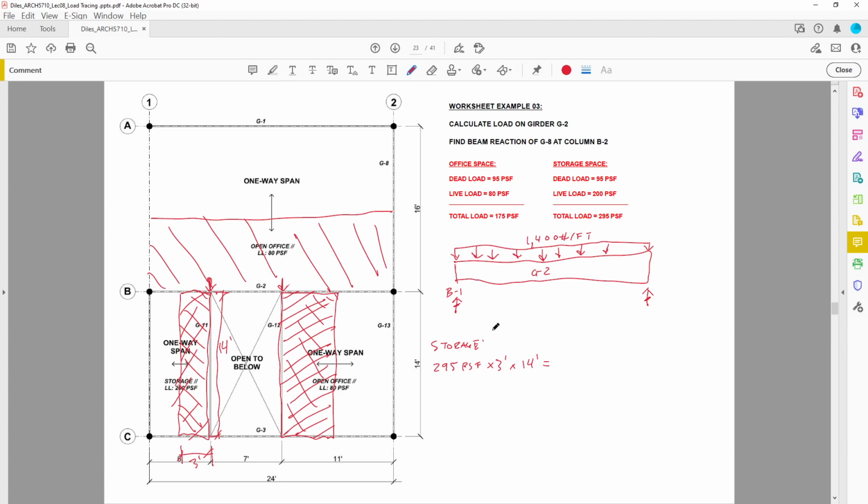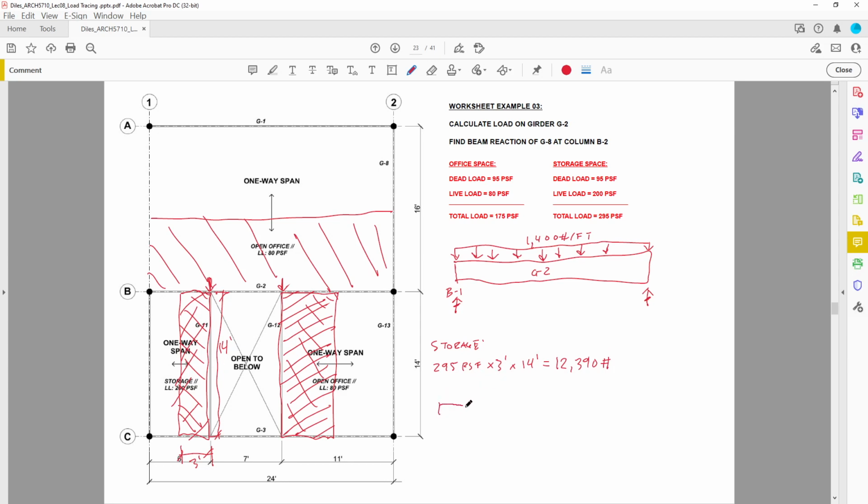So it's 295 times 3 feet times 14 feet. That's going to give us a total load on G11 of 12,390 pounds. Now this total load is like the point load, right?